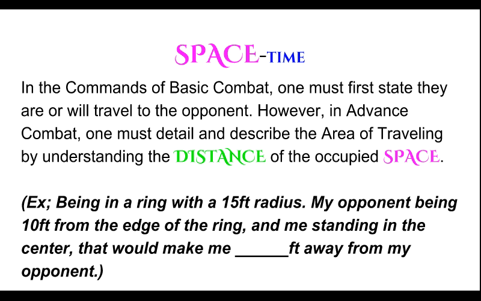So here's an example: being in the ring with a 15-foot radius, my opponent being 10 foot from the edge of the ring, me standing in the center, that would make me 5 foot away from the opponent. I meant to say pause the video and figure it out yourself, but it's pretty simple. Stating the distance is used to show how far one character is away from another. So without spending too much time on this, let's just continue on.